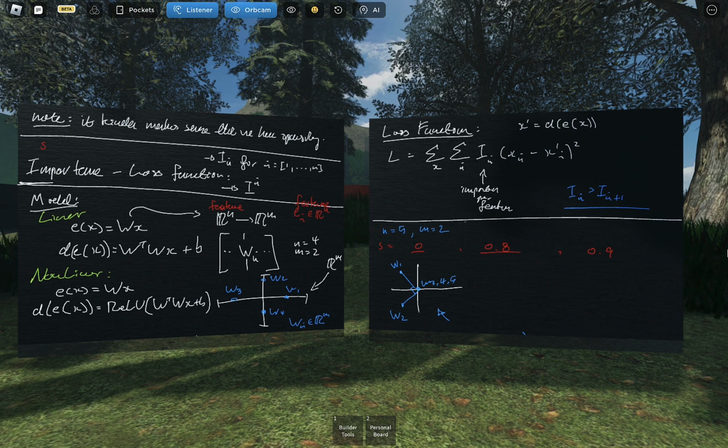For a middling sparsity, we get different behavior. So for a sparsity of 0.8, we get this thing, with W2, 3, 4, and W5.